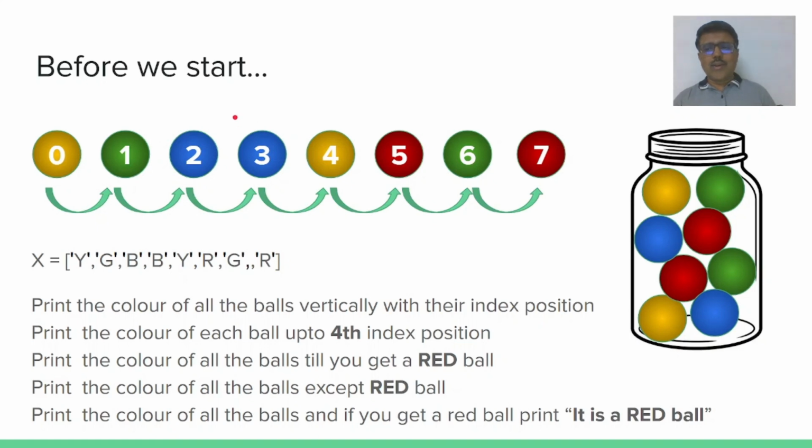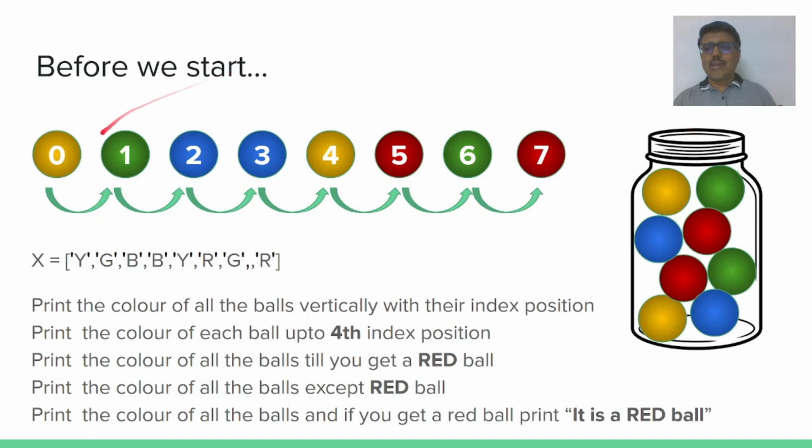Now let us look at another scenario. Just imagine a scenario where you take balls from the jar until you get a red colored ball. So what does it mean? You are giving a condition, and you check every time whether the ball is red or not. Once the ball is red, you stop right there.